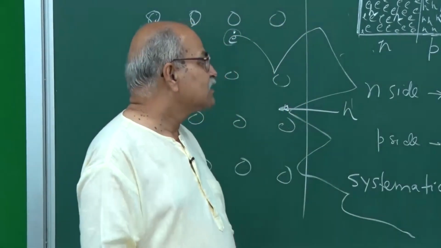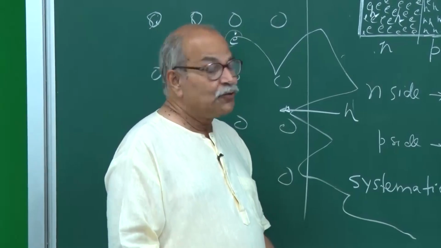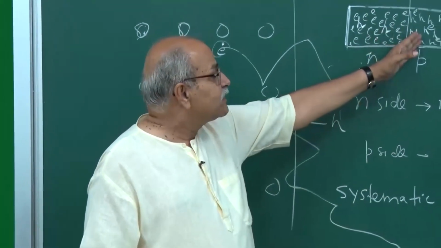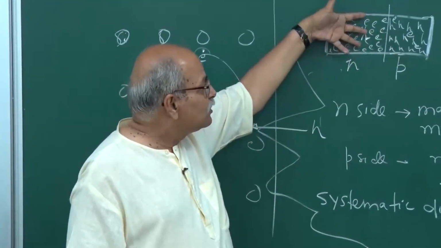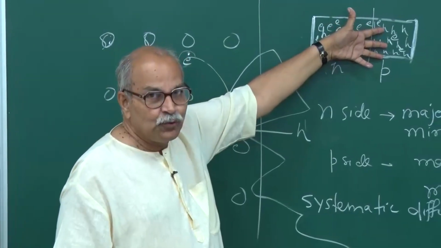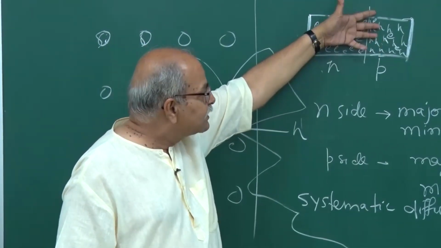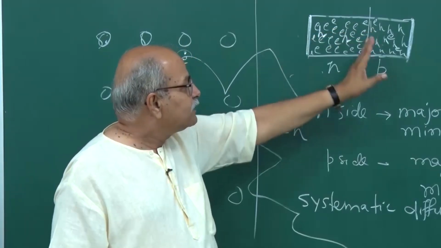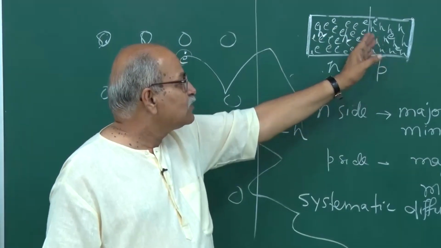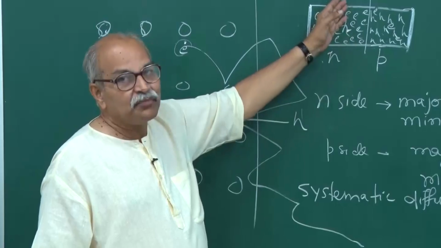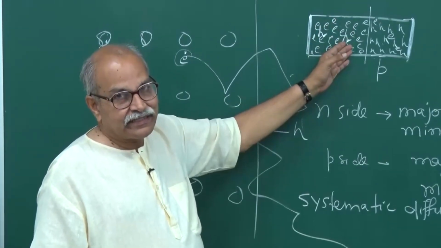So, this entire charge density is 0, but now there is a systematic movement. Electrons going from left to right, what will they do? They will create a negative charge density here, and then these holes going from right to left will create a positive charge density here.